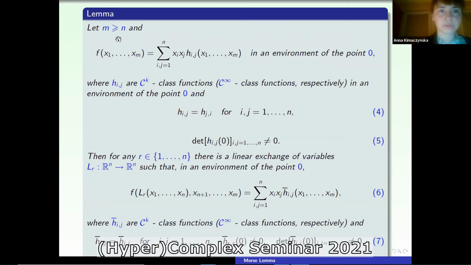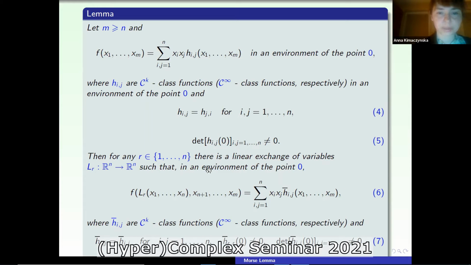Now let m be greater or equal than n and f of x be equal the sum from 1 to n of x_i x_j h_ij of x in an environment of the point 0, where h_ij are C^k class functions, C infinity class functions respectively, in an environment of the point 0. And the matrix h_ij is symmetric. The determinant of the matrix h_ij of 0 is not equal 0.